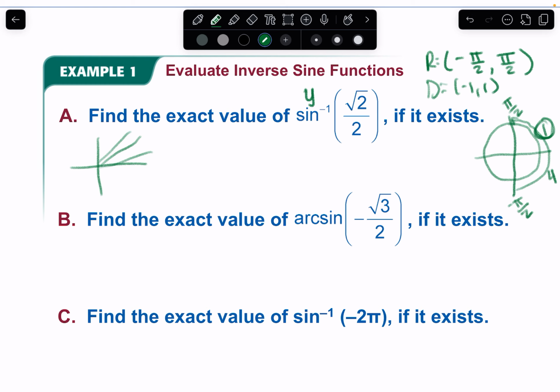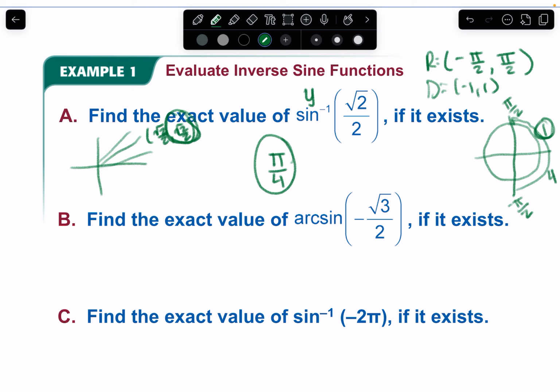If you look at your unit circle, you will see that at 45 degrees, there is a y value of square root of 2 over 2. Your answer is going to be your radians at that point. So the radians at 45 degrees is pi over 4, which is your answer to this first question. So you're using your unit circle, but also having to look at specific parts of your unit circle.